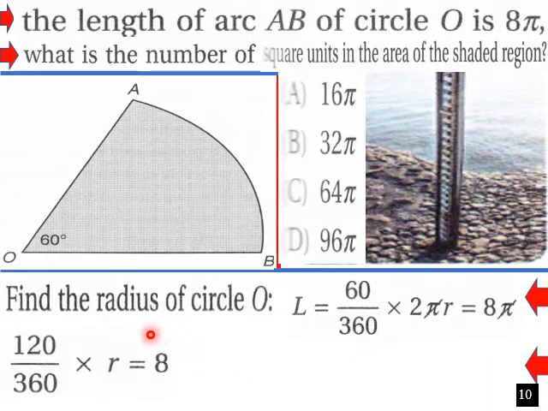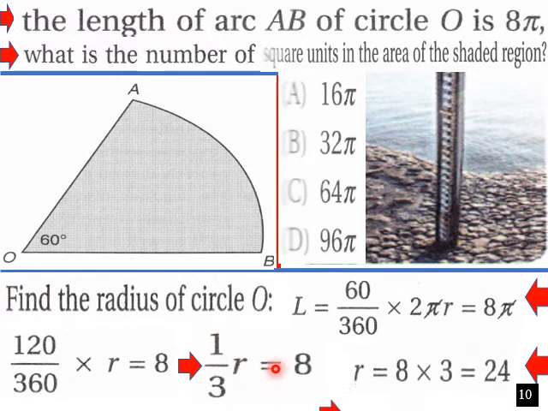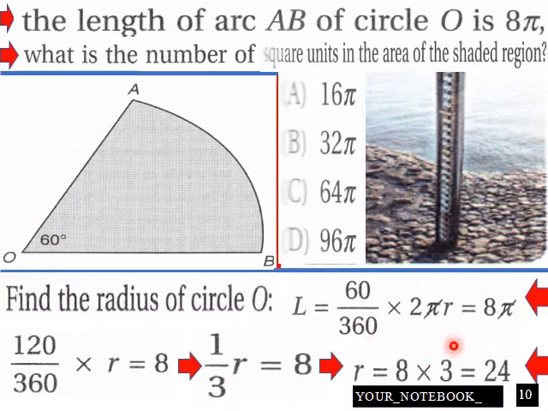When we multiply that out, we end up with 120 over 360 times r equals 8. So 1/3 of r equals 8. We solve for r: r equals 8 times 3, which is 24. So we found our radius here, which is 24.